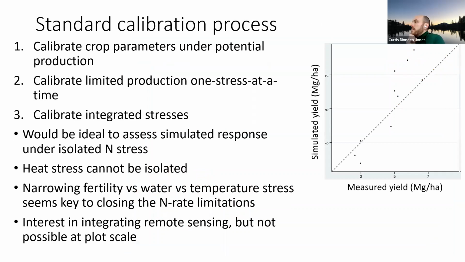And so underlying is obviously hitting yield potential, but the allocation of how that's being determined seems to be a bit off. I think I always go back, under ideal conditions, to your standard process for calibrating a model, which would be, first, to calibrate crop parameters under potential production, so no stressors.